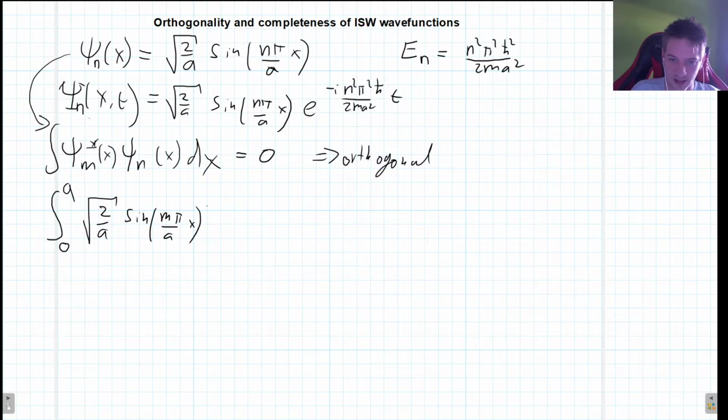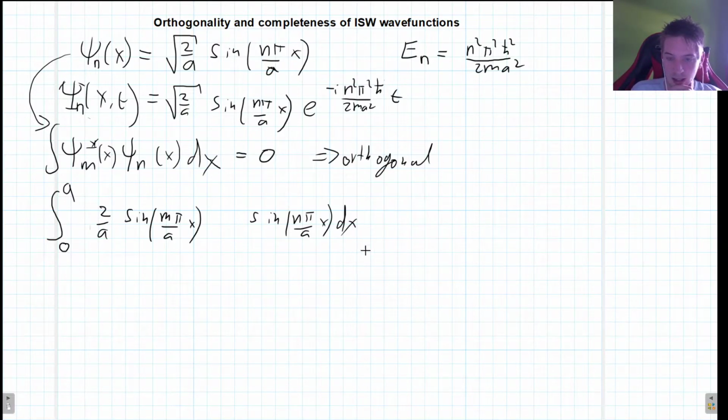So this is just square root of 2 over a sine of n pi over a times x dx. So now we have to perform this integral. First, we can see that since there's square root of 2 over a here and here, we can just put it together and eliminate the square root.